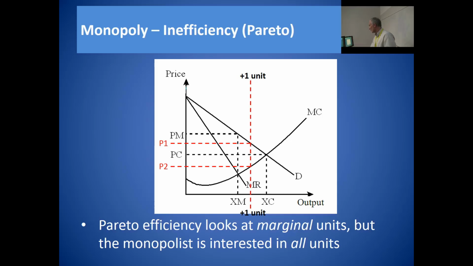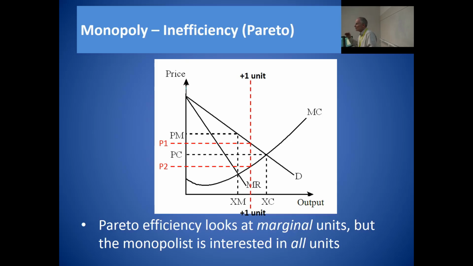And when we get to our Pareto efficient outcome here, that perfectly competitive outcome, where the marginal valuation and marginal cost are equated, well, that's what a competitive firm would do. It would look at the marginal unit. How much can I sell this next unit for? How much does it cost me to produce this next unit?